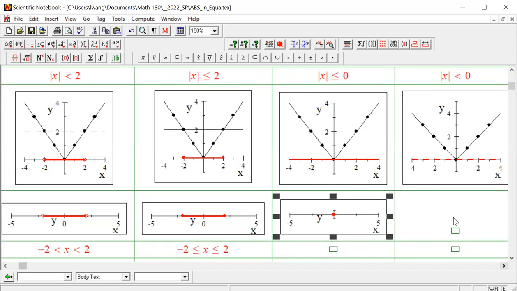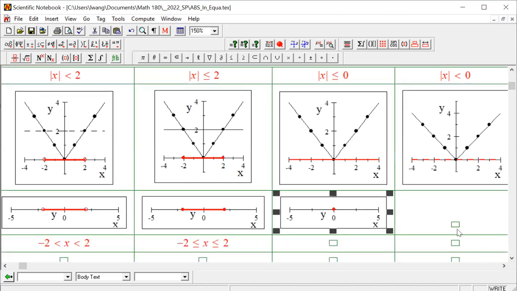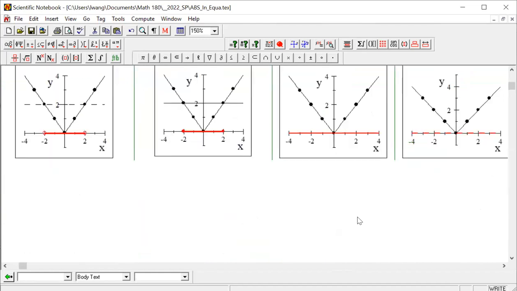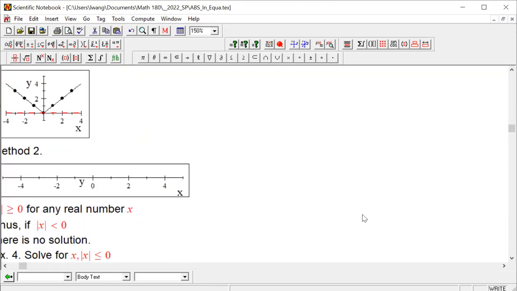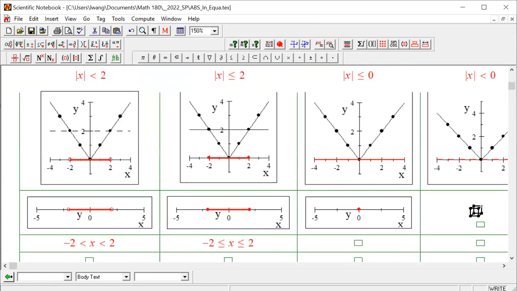And this is of course less than 0, so that picture is going to be empty. Should I put that empty picture in there? I could. Let's put the empty picture there.